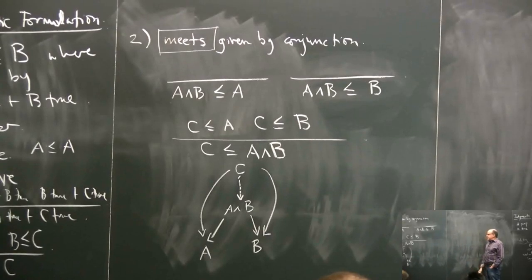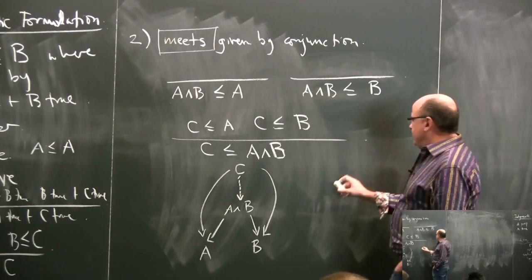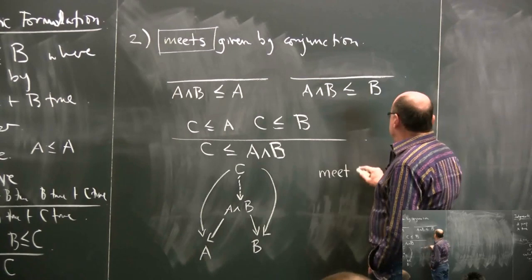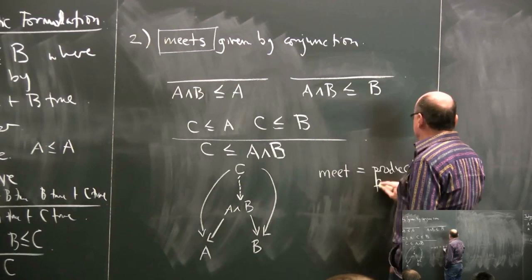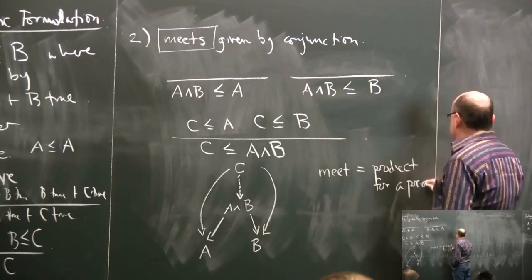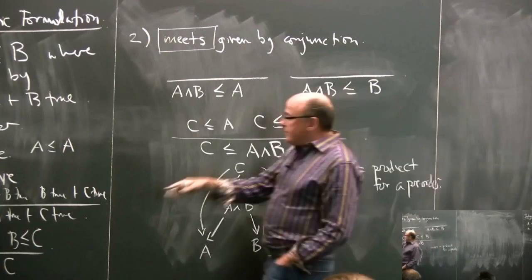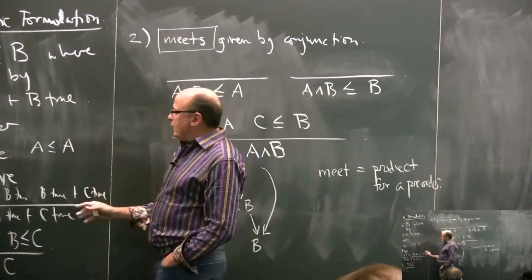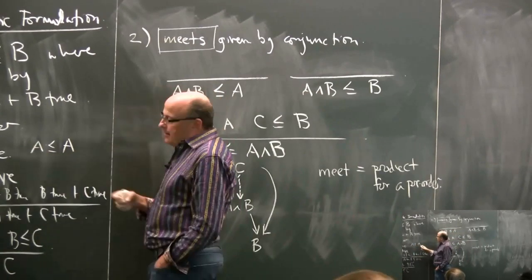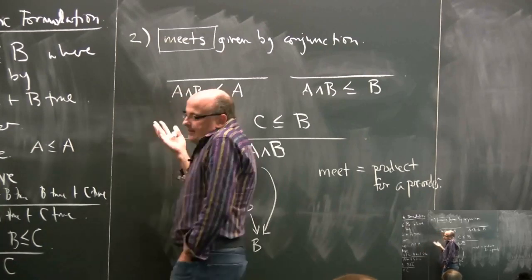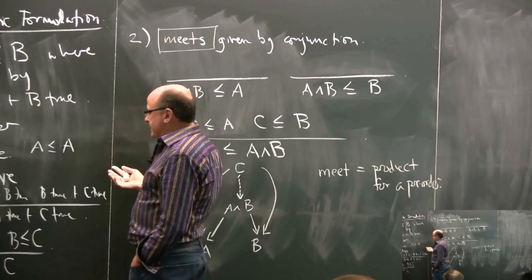Many of you will recognize that what I'm getting at here is that being a meet means meet equals product in the categorical sense for a preorder. Because you can think of this as defining a degenerate kind of category. When I write A is less than or equal to A, I mean there's a unique map from A to A that I just mark with a check mark to indicate that it's an axiom.